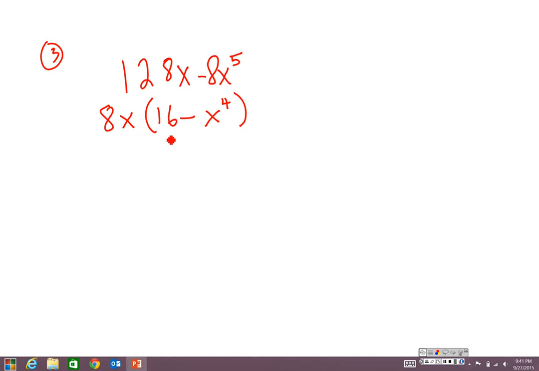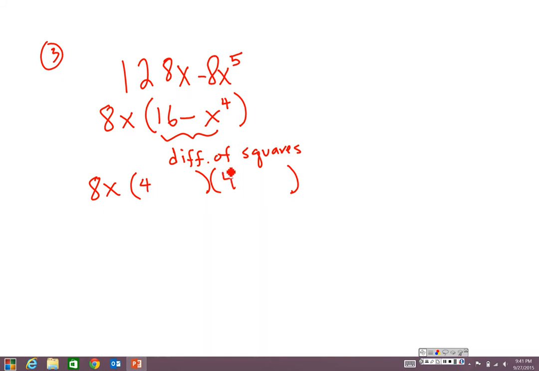Then, if you notice here, this is a difference of squares, so you have to keep going. So you have 8x. Now we're going to expand this to 2 parentheses, because the square root of 16 is 4. Square root of x to the 4th is x squared. And the signs for difference of squares is always plus minus or minus plus.